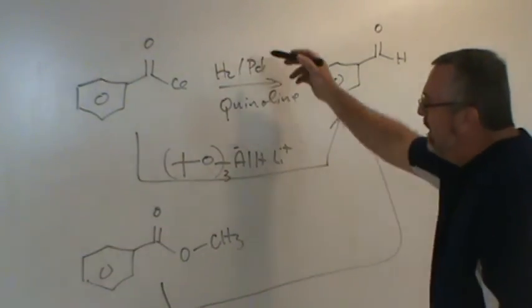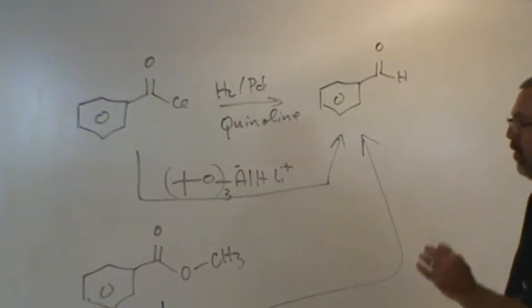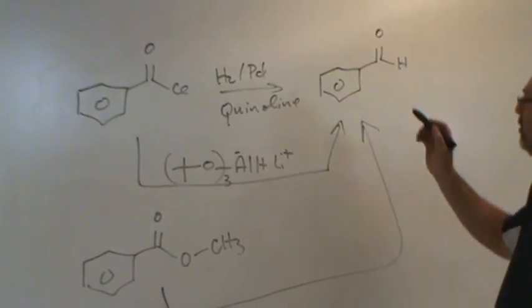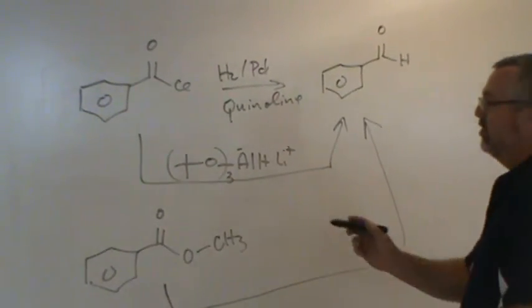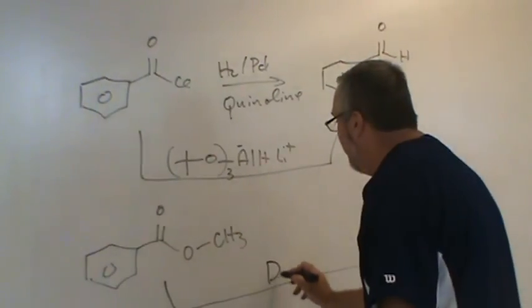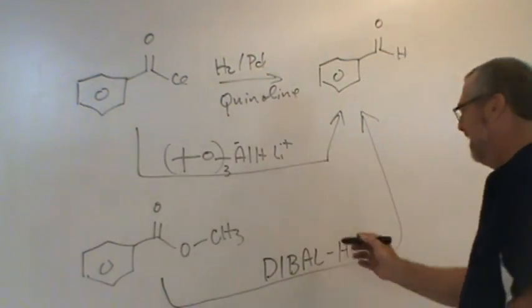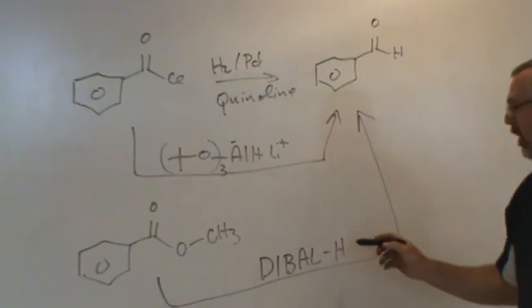We won't use these reagents though. In order to effect this selective reduction and have the reaction stop at the aldehyde, starting with an ester, we need a new reagent which is called DIBAL. It's generally drawn this way, DIBAL-H.